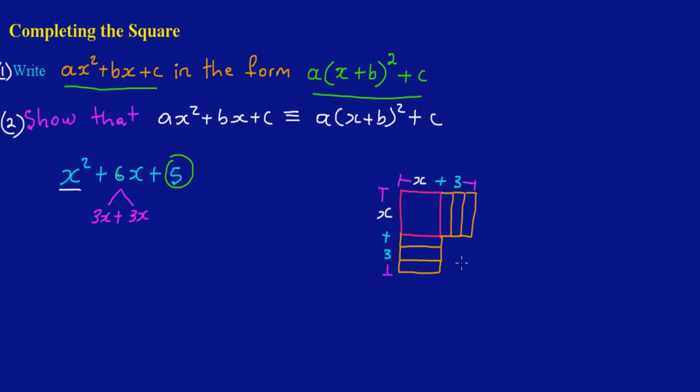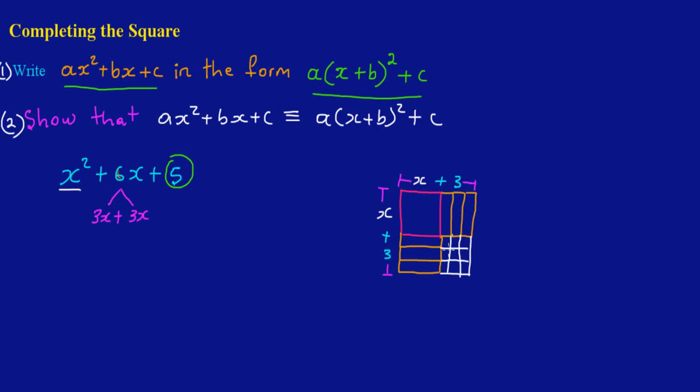Whatever amount of square boxes I get for this little piece, I would have to subtract it from 5, because that is the amount that is missing. So let's figure that out. To complete my square, I would have to make my little square boxes here, and all I'm going to do is bring down these, bring down that, and bring across this and bring across that.